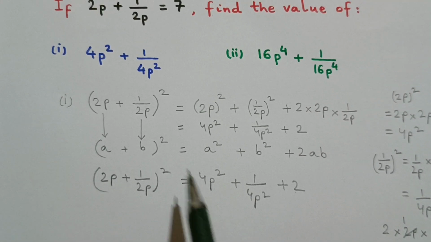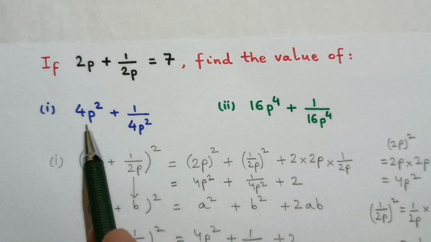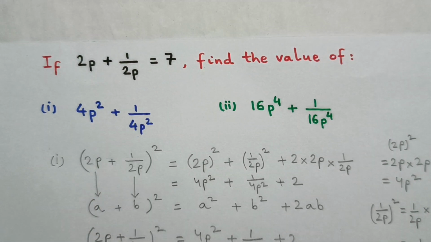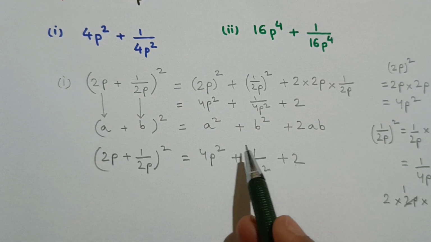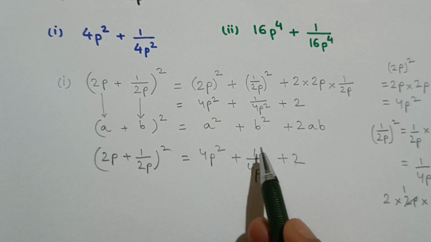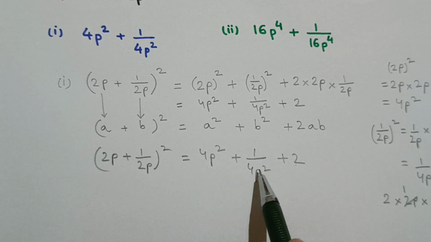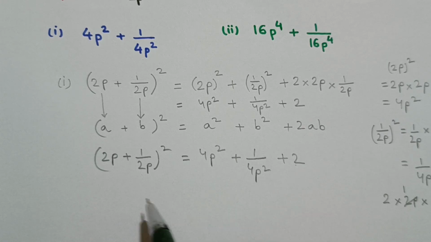Now in question number 1 we have to find the value of 4p square plus 1 upon 4p square. For this expression we have to find the value.